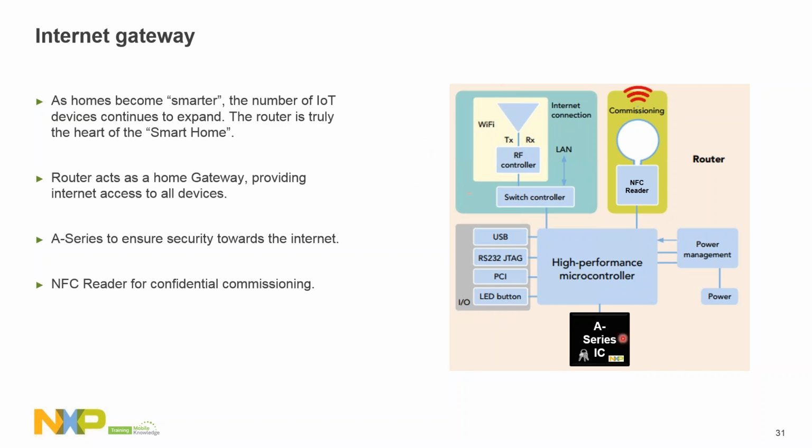NXP proposes here a simplified architecture on how to enhance the security level of an internet gateway device. An A-series hardware security module to enhance the security towards the internet and the cloud, and an NFC reader to achieve confidential commissioning of network credentials to other IoT devices. But first things first, how does an A-series product ensure the protection?